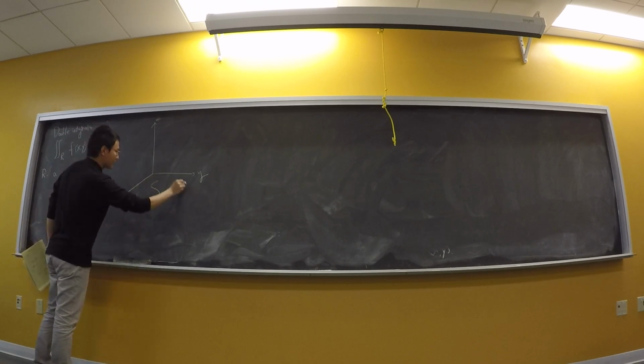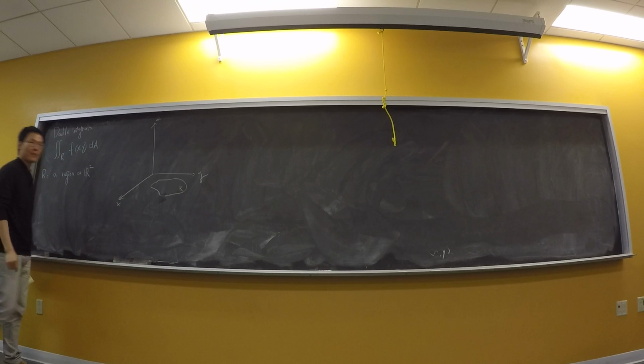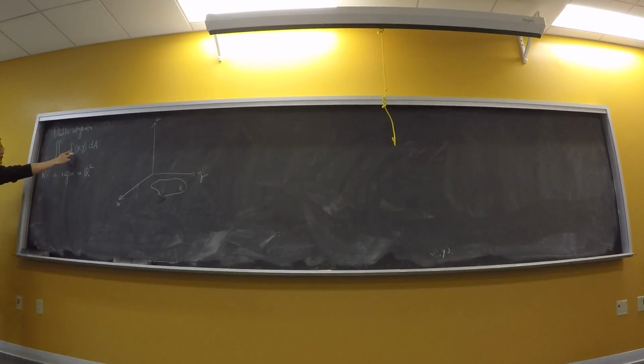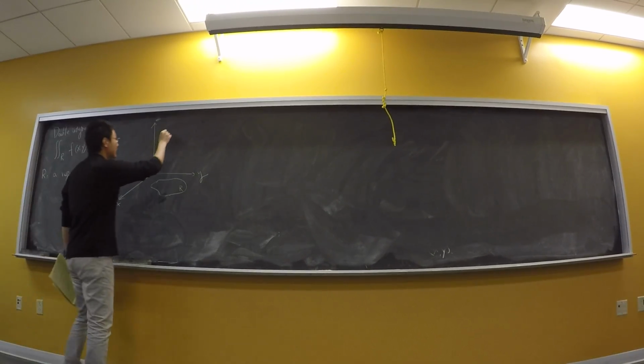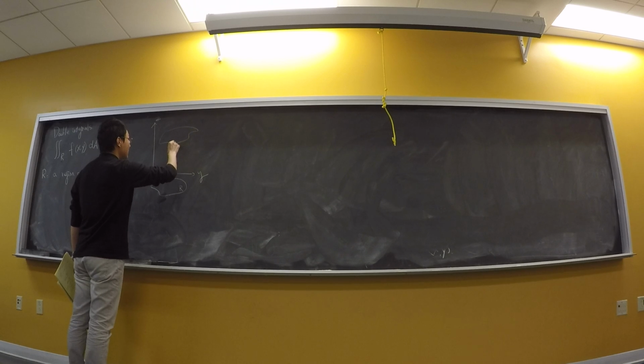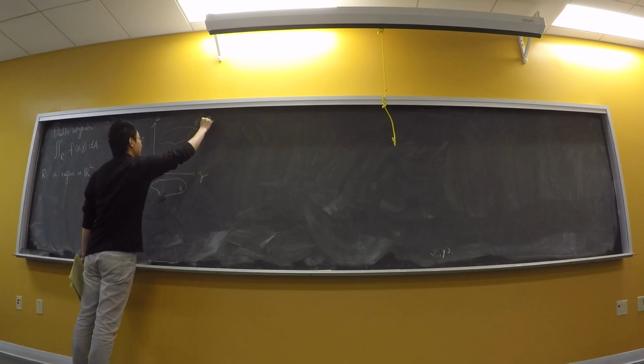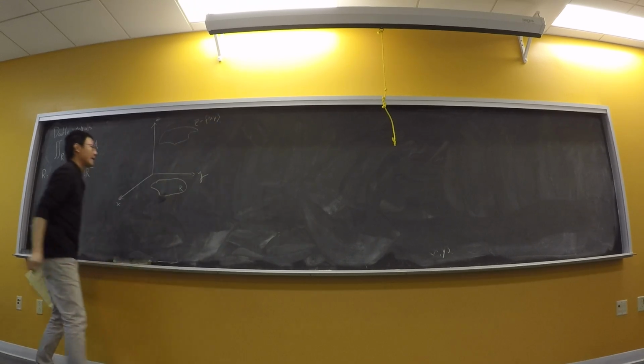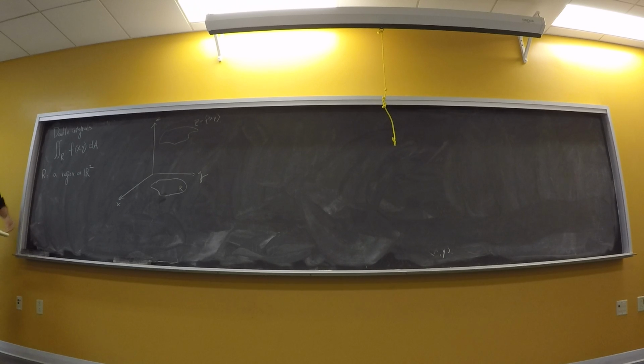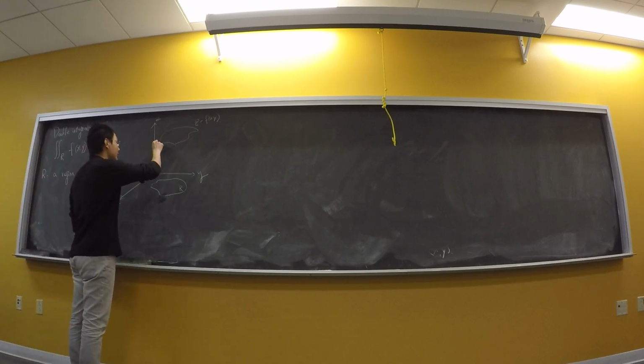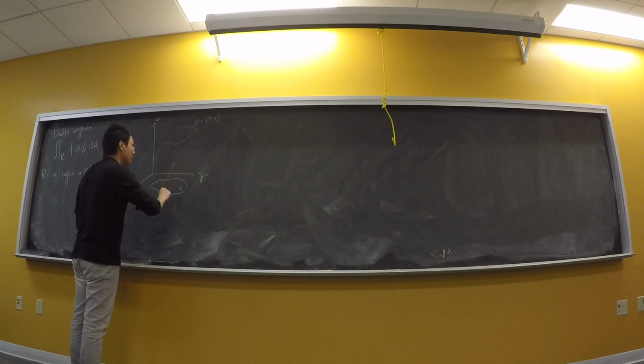So let's say this is my integrating region. And the function f(x,y) will be a surface, z is equal to f(x,y). Okay, so this double integral is indeed talking about the volume under the surface above the integrating region.